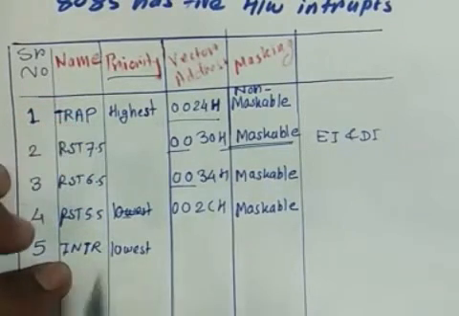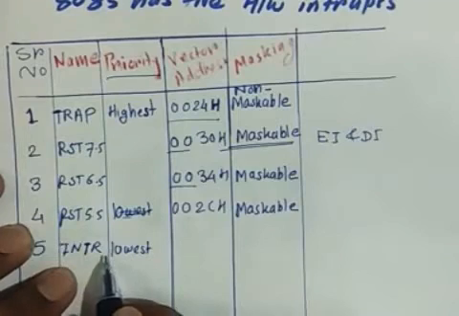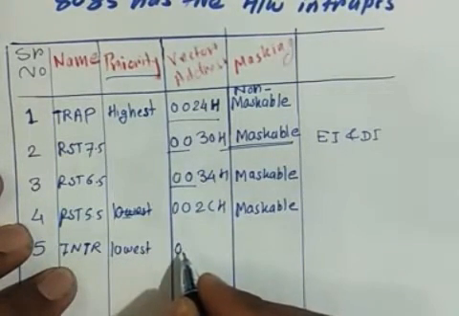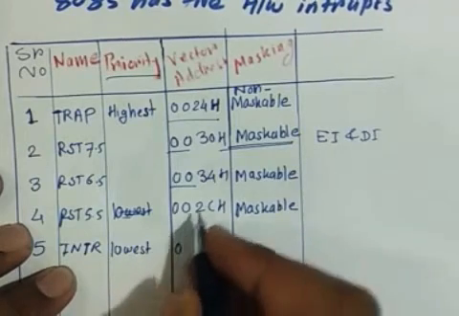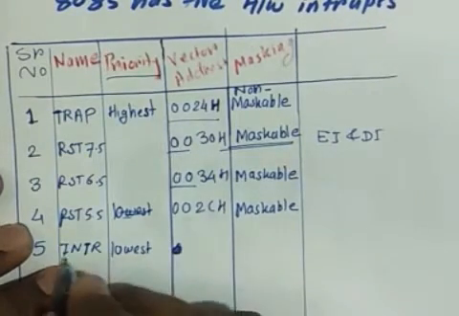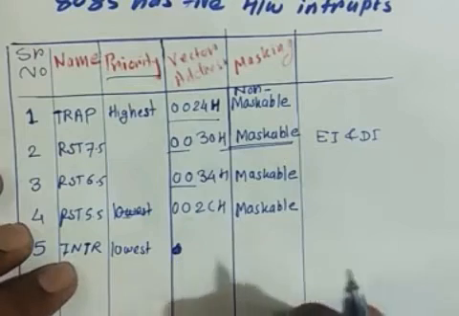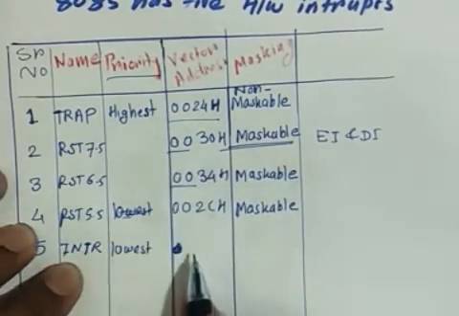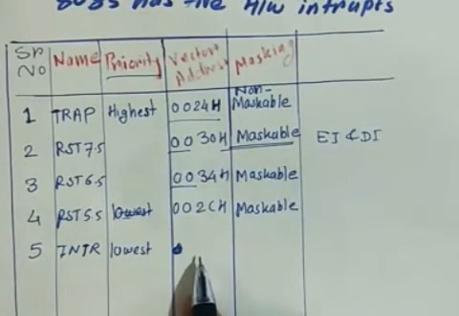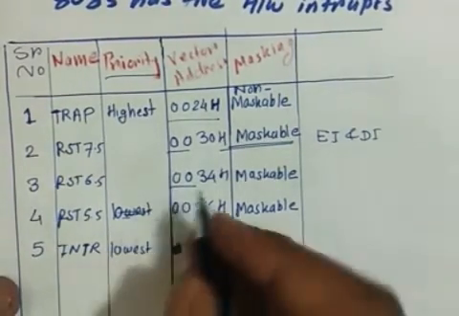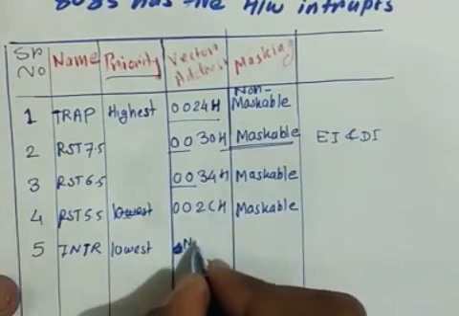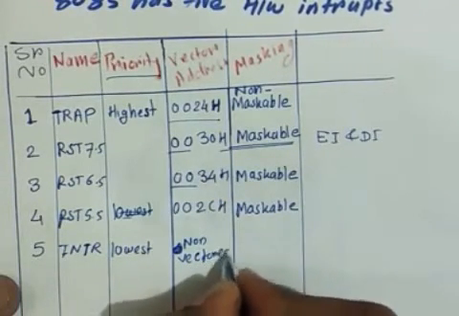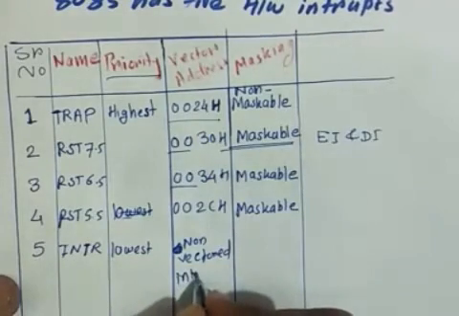The address for this INTR is non-vector, that's why the address is provided by the input output device. Therefore this is the non-vectored interrupt.